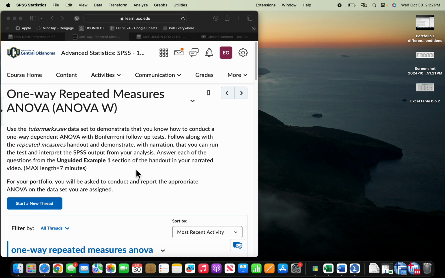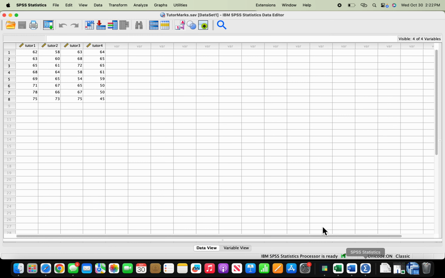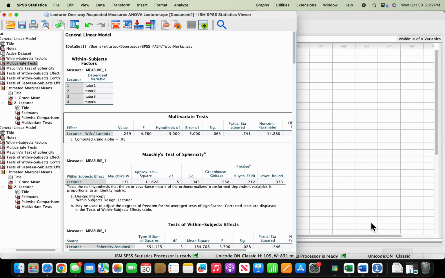And then the answer is no, because it said that someone graded harder than others, and so right here, since we don't have significance, we can reject that because there was no value that was significant enough.